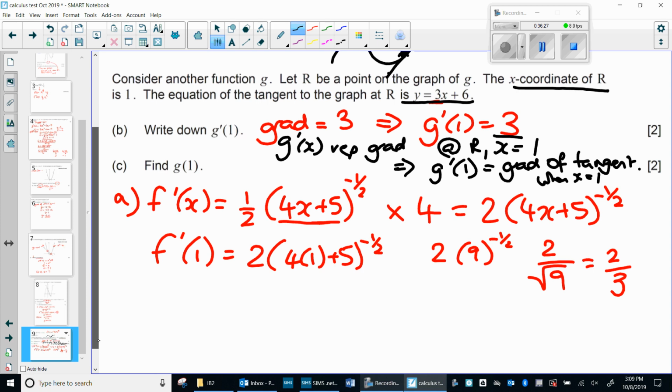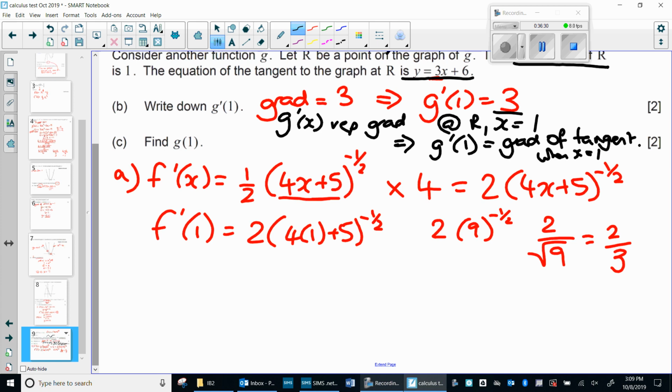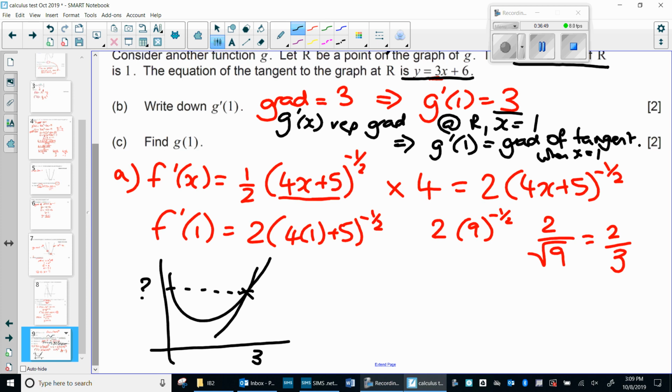It's just one of those things you do. Here's a curve, this is a graph, okay? Here is the equation of the tangent. Down here, let's say this x value is 3. To find this point here, I could either stick that number 3 into the original function or the equation of the tangent. It will still give me the same value. Does that make sense? Let me draw this.